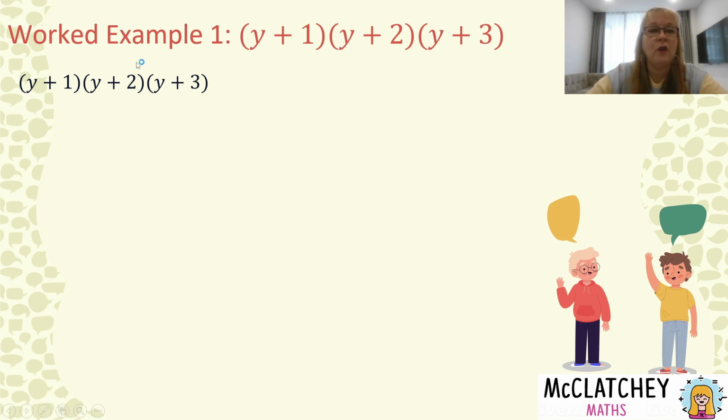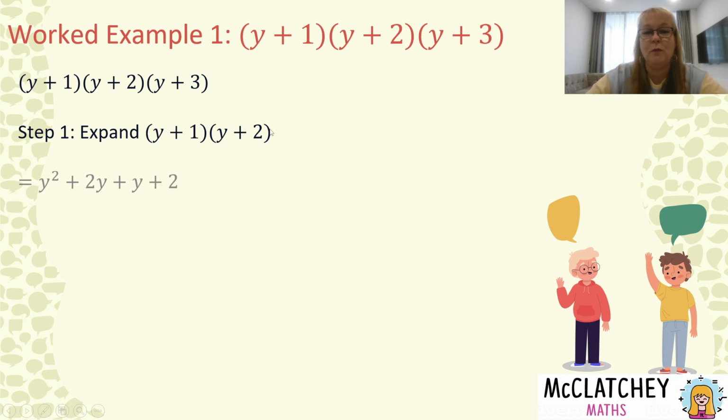So I'm going to rewrite the question underneath so that I can work with it. And then I'm going to expand just these two sets of brackets. So the first terms multiplied makes y squared. Outside terms are the ones on the outsides of the brackets. 2 times y makes 2y. Insides, these are our two inside terms. 1 times y makes 1y, and lasts makes 1 times 2, which makes 2.